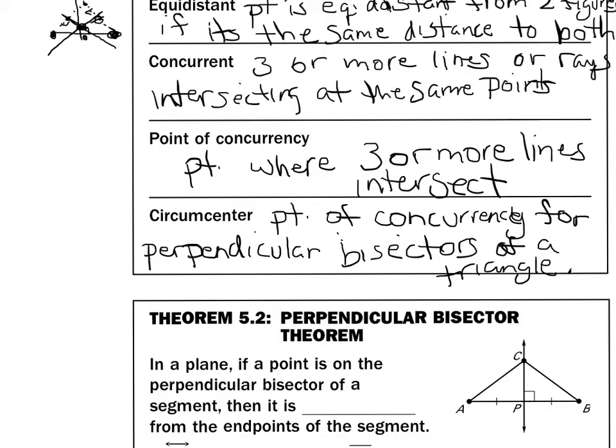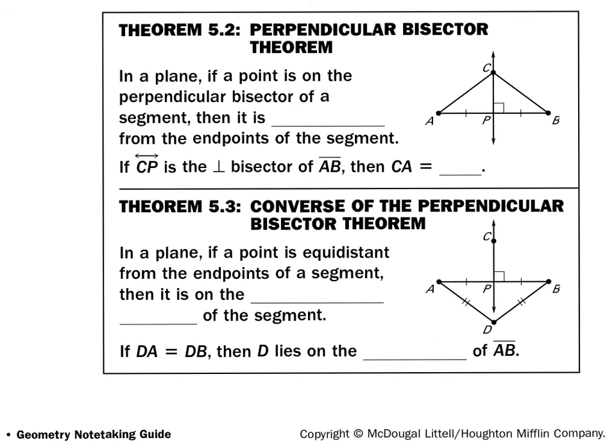Alright, theorem 5.2. In a plane, if a point is on the perpendicular bisector of a segment, then it is equidistant from the endpoints of the segment.